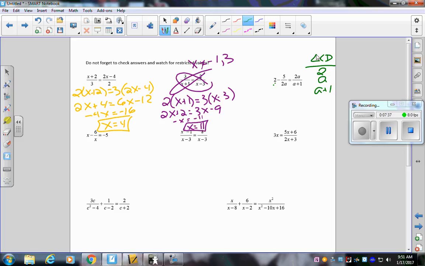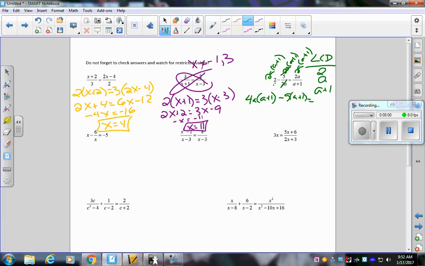Every term has to be multiplied by the LCD, whether they start off with a denominator or not. So 2A, A plus 1, 2A, A plus 1, 2A, A plus 1. All right, so in this first one, there is nothing to cancel, so I have 4A times A plus 1 minus the 2A's canceled, 5 times A plus 1.